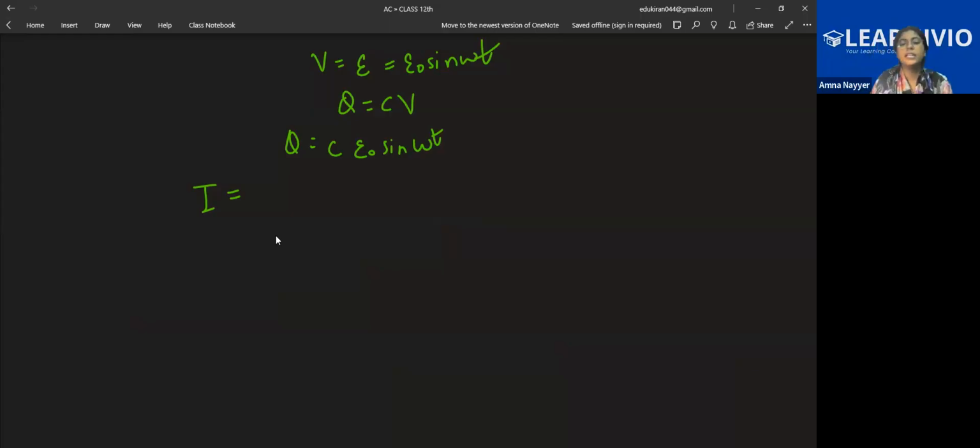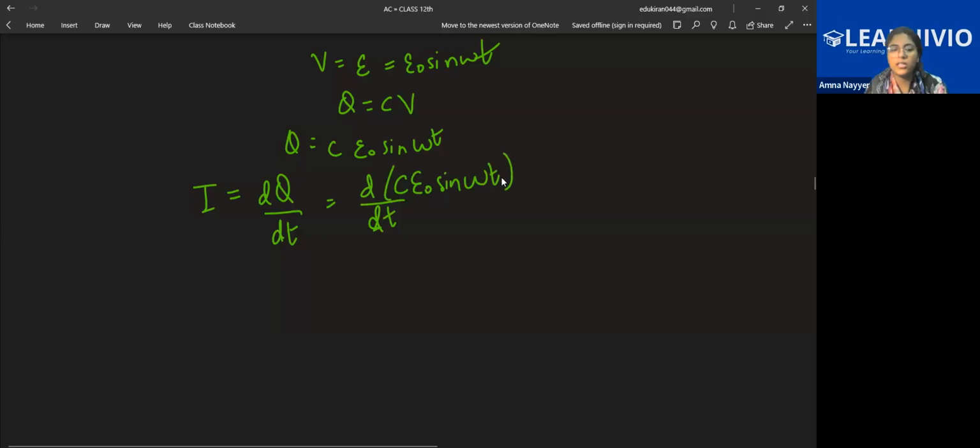So current is dq over dt. What is q? This is C epsilon naught sine omega t. So I is equal to d of C epsilon naught sine omega t over dt. When you differentiate it, omega comes and gets multiplied.